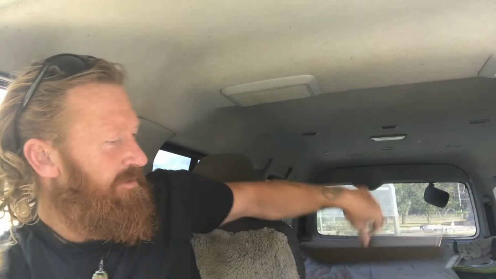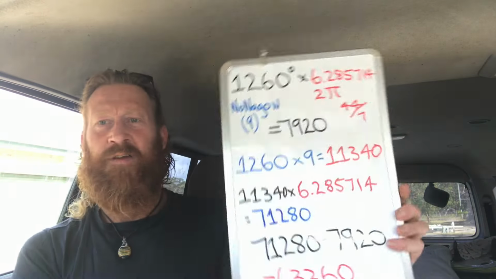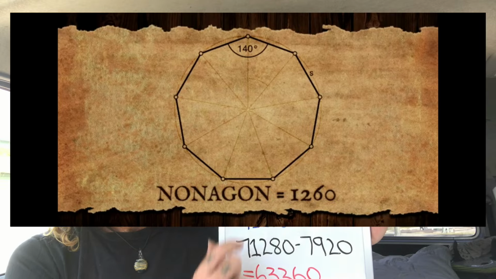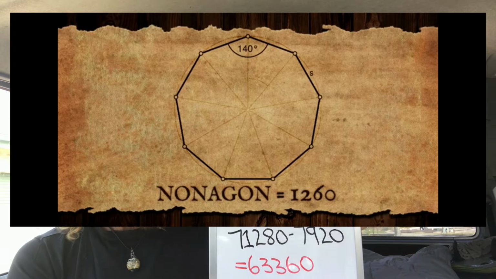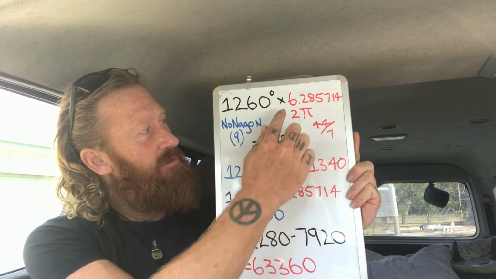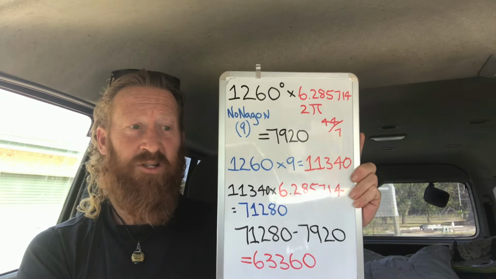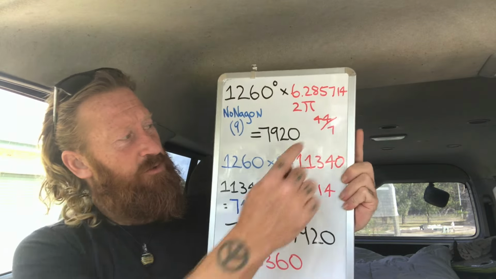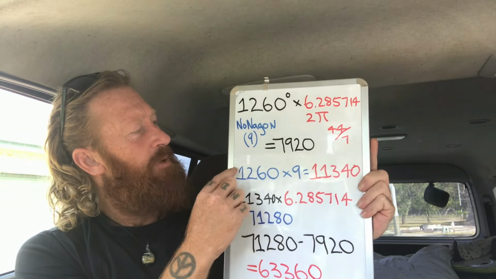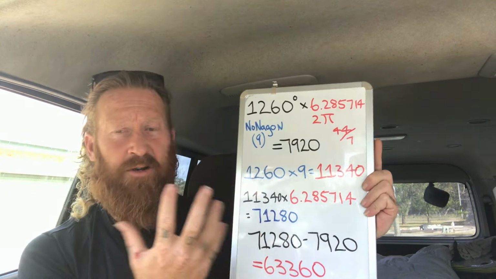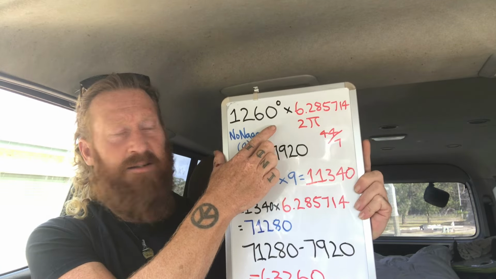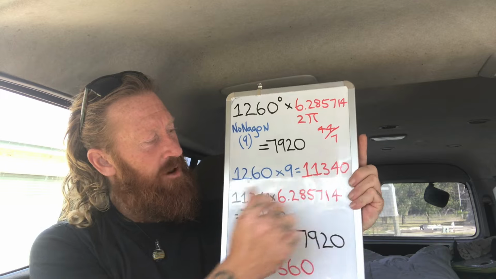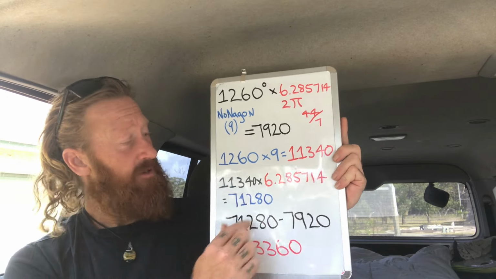But last night, with my Nonagon video, the Nonagon discovery we could say, it's 1260. The internal angles all add to 1260. We just times that by 2 pi, which is just a radius of 1. The circumference is 2 pi, so that's also 44/7. But what I decided to do last night was to go 1260 and times it by 9. We get 11,340, and then I decided to times that by pi.